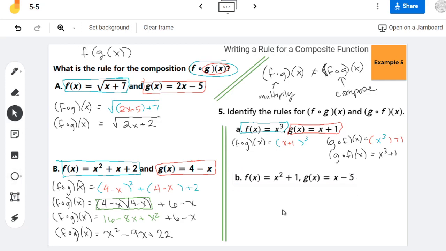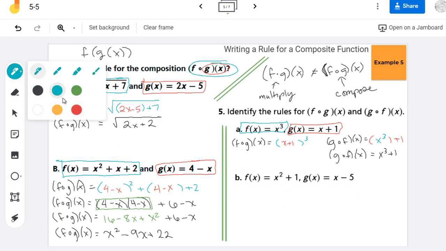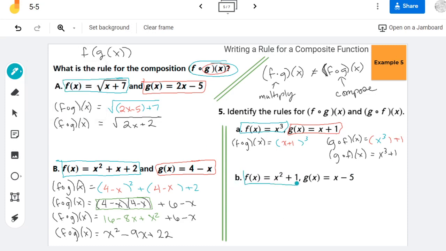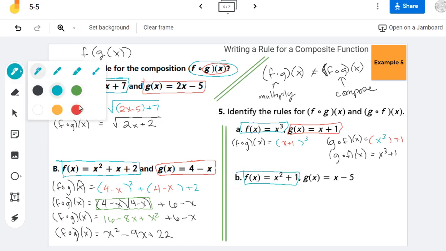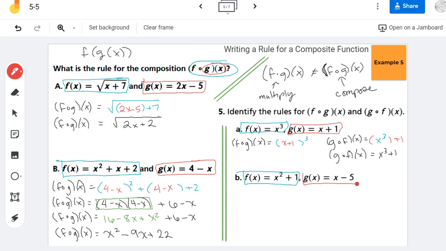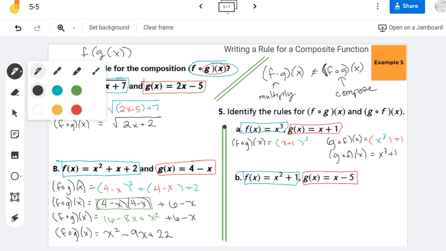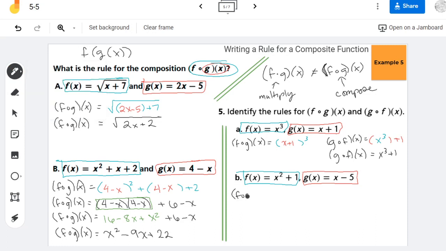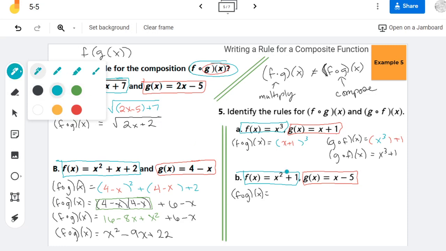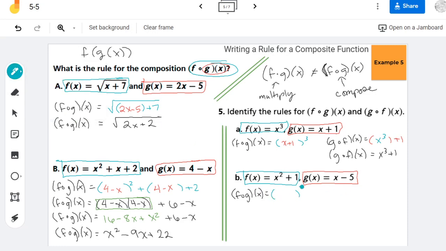Alright, now to do it here for part B. Okay, so my f I'm going to color blue again. G I'm going to color red. So when I go to find f of g of x, in this one, because it's only squared, I'm probably going to do my distribution. It's when you get the higher exponents that textbooks and tests tend to be a little more lax.